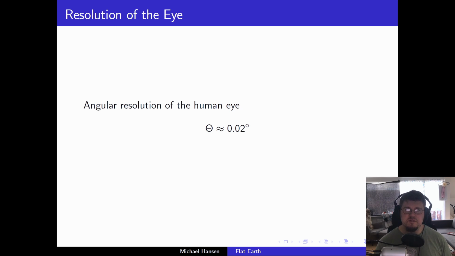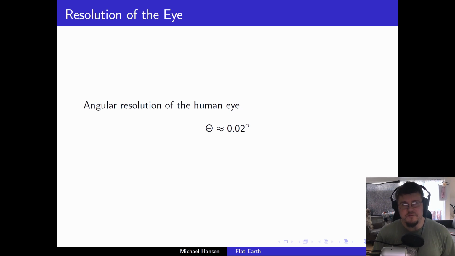Now, the angular resolution of the eye is actually not an easy number to find, because the angular resolution, or as we call it, the diffraction limit for any optic, is given distinctively for every frequency of light that we use. So green will have a different angular resolution limit than red, for example, even for the human eye.